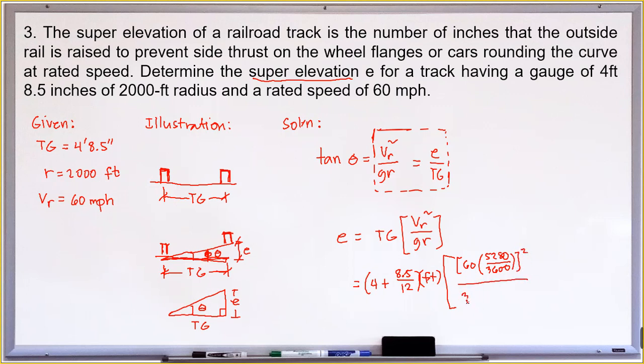So ang ubos, we have the value of G, 32.2, and then the radius, 2,000 feet. Okay? So again, ang ubos kay feet per second squared, ug sa babaw, feet squared per second squared. So therefore, makancel na sila. Ang mabilin kay terms of feet.